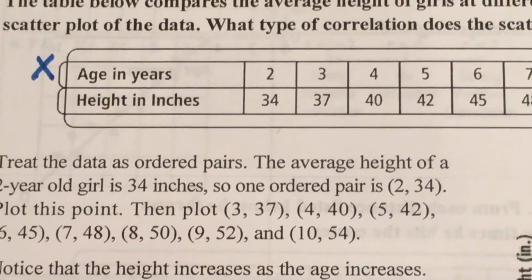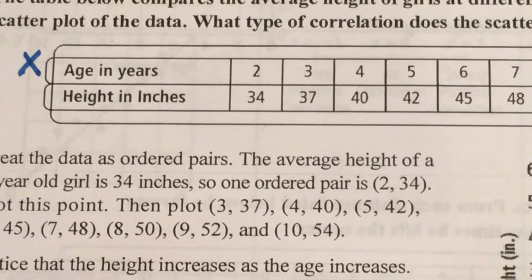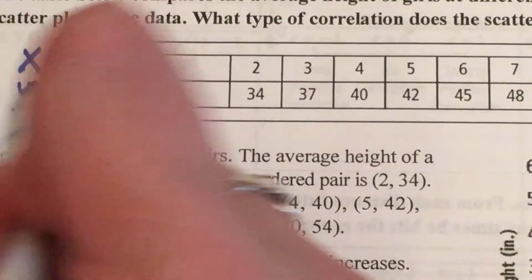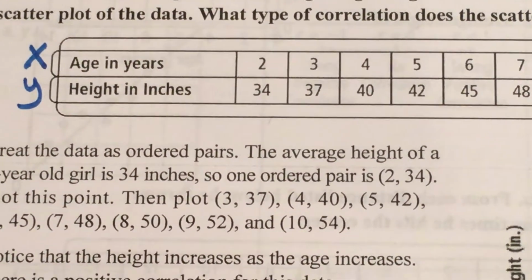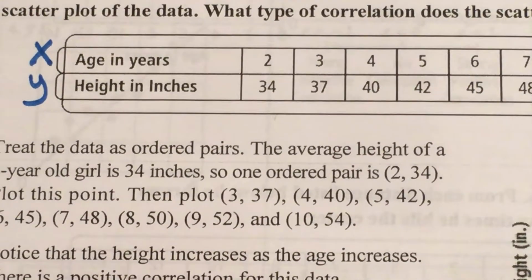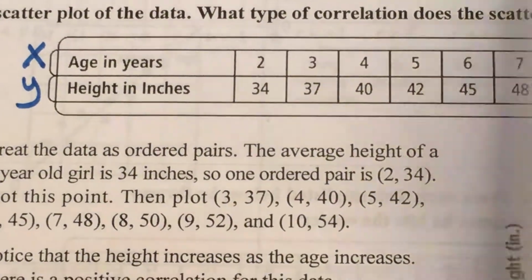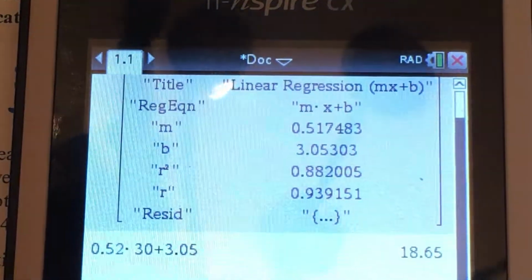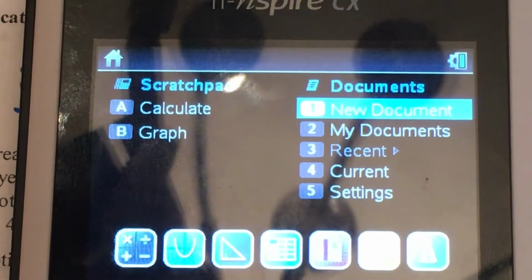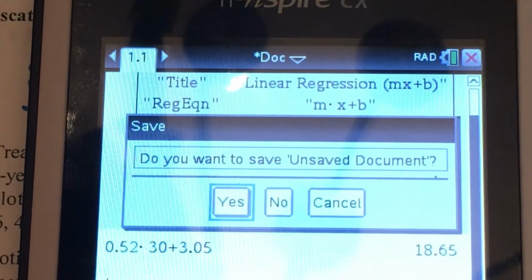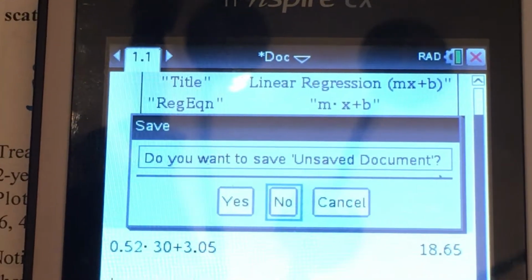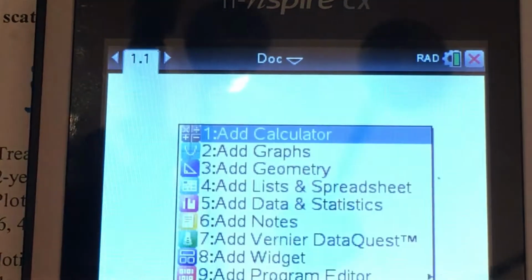And they'll tell you in the problem if time is going to be X. So Y is the result, Y is the height. Okay? So that'll help you with your X list and your Y list. Calculator, here we go. So let's start on a new document. No, I'm not going to save anything. Push enter on the no.